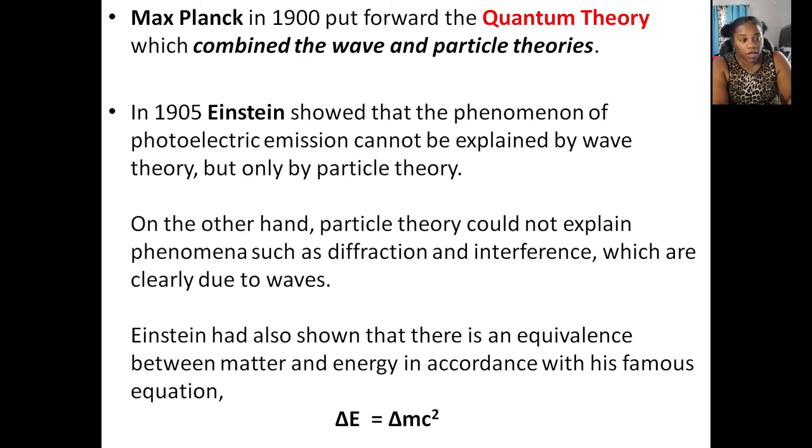In 1905, Einstein showed that the phenomenon of photoelectric emission cannot be explained by wave theory, but only by particle theory. On the other hand, particle theory could not explain phenomena such as diffraction and interference, which are clearly due to waves. Einstein had also shown that there is an equivalence between matter and energy in accordance with his famous equation, E equals mc squared.